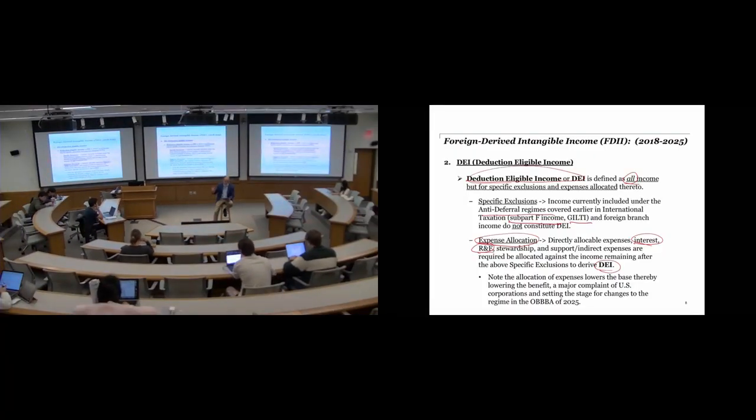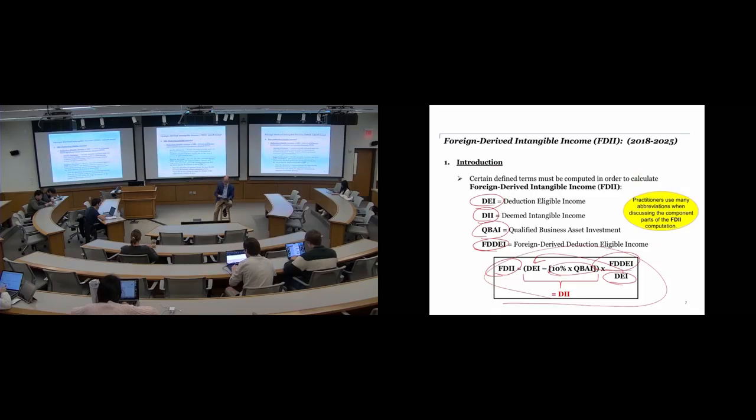That lowers the base that I'm starting with and lowers the benefit. If I can stay with a gross number, I have a higher benefit as I go through this calculation. If DEI is lower, then I'm going to have a lower benefit at the end of the day.